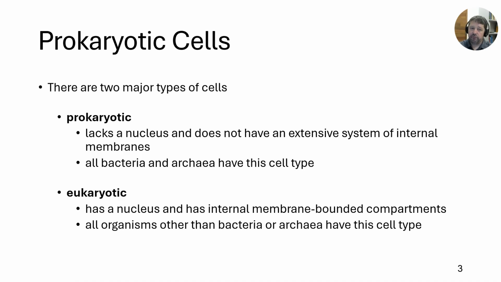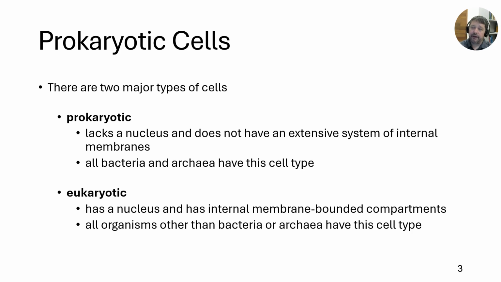So prokaryotic cells are referred to as before nut, before seed, or before nucleus. Prokaryotic cells do not have a nucleus. They actually have no organelles, so there are no internal membranes.